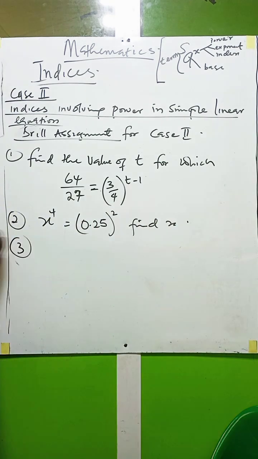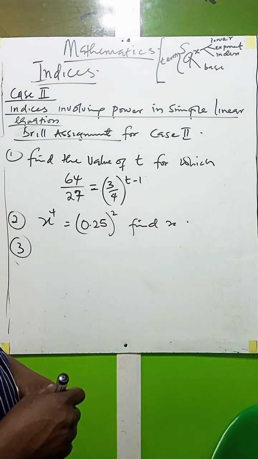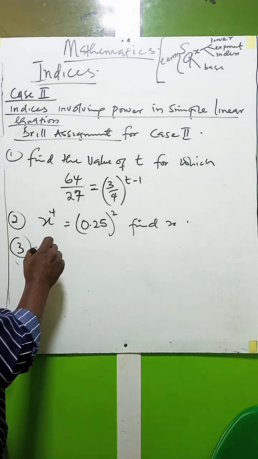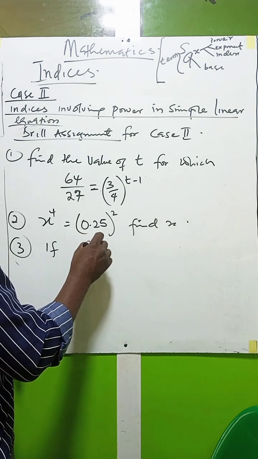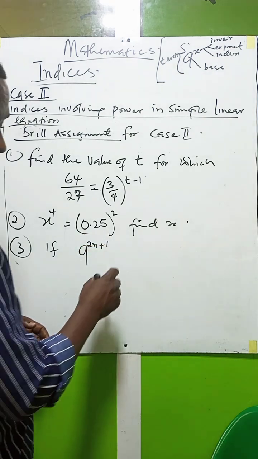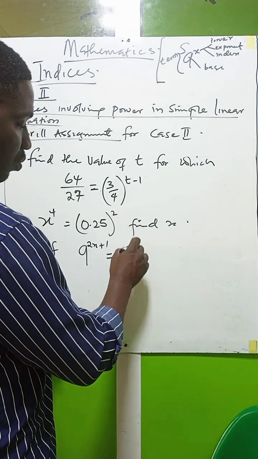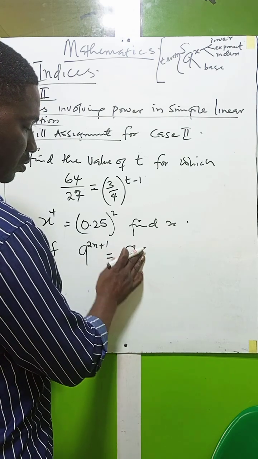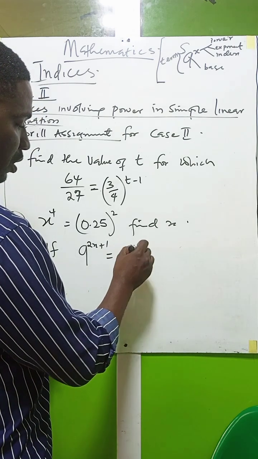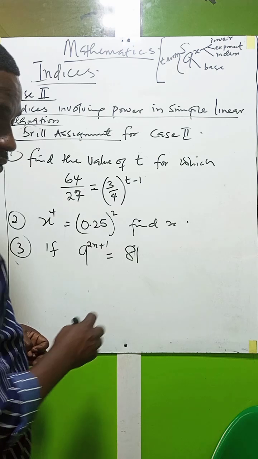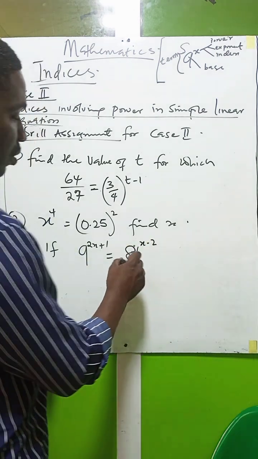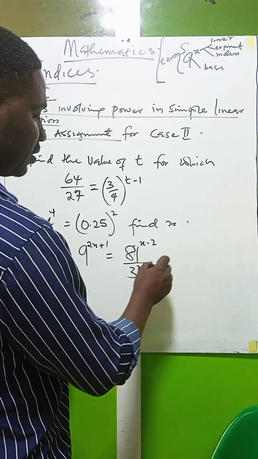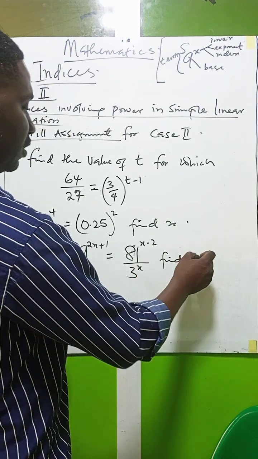Number 3, if 9 raised to power 2x plus 1 equals 81 raised to power x minus 2 over 3 raised to power x. Find x.